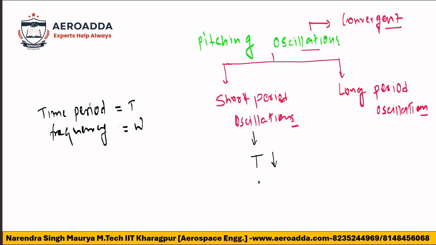If the time period is less, then you know the formula of frequency. Time period is the total angular distance, 2 pi, divided by W, the angular velocity. Generally, this is the formula. So time period and angular velocity, or frequency, are always opposite.